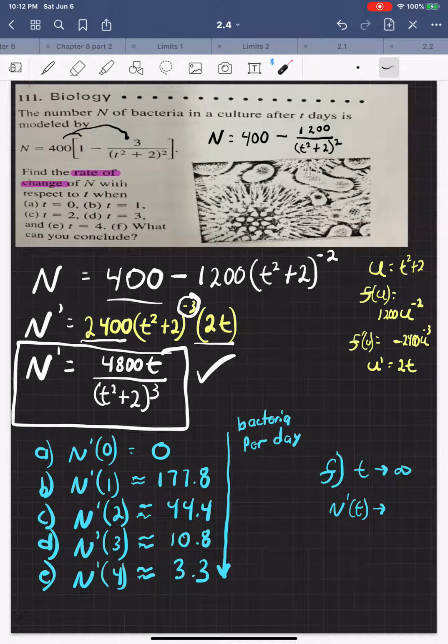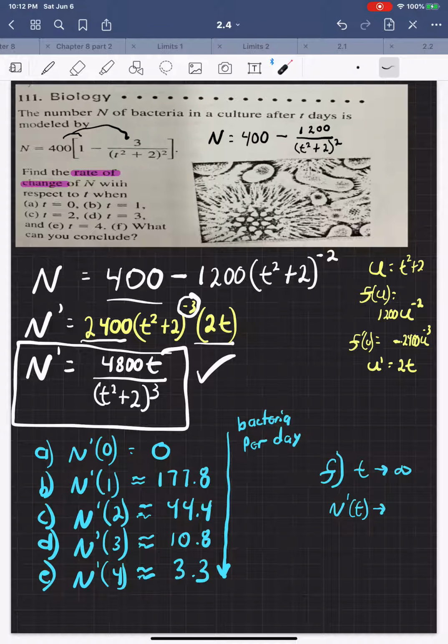the way we phrase it might be different, but let's see if you and I agree that it just looks like as time goes by, there's less bacteria being added to our population, right? I mean, 4 days in, we're only getting 3.3 more bacteria per day. It appears that it's just starting to level off, right? There's some horizontal tangent that your population is approaching.